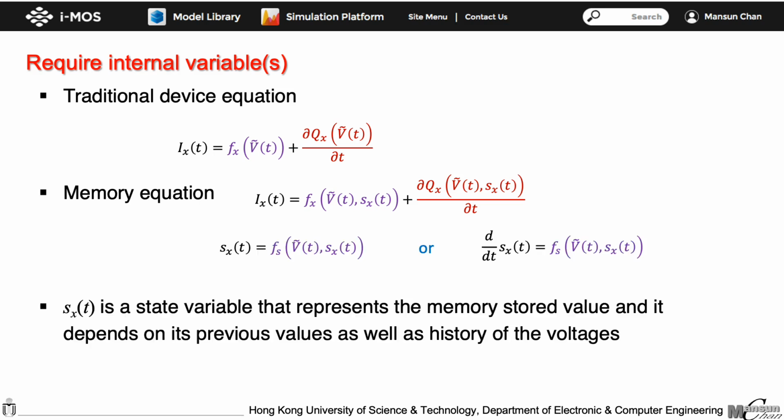Therefore, we need a new state variable to keep track of the current status of the device. The state variable will be a function of the previous state at its immediate past, plus the instantaneous voltage input as shown here. Or in the form of a differential equation, it can be expressed as the rate of change of the state variable given by its current state plus the instantaneous input voltage.